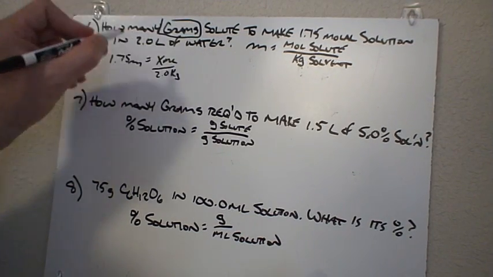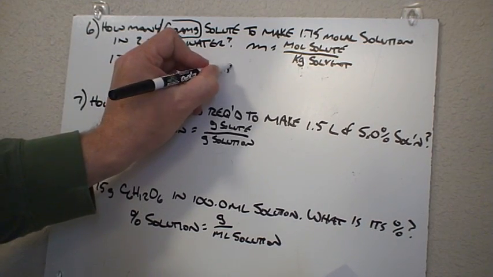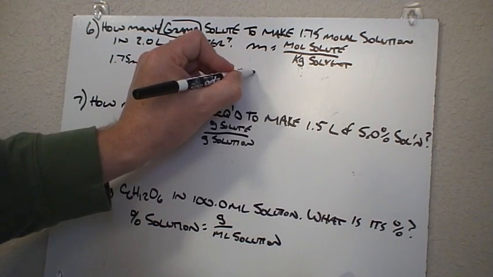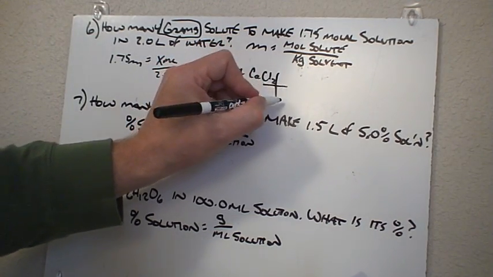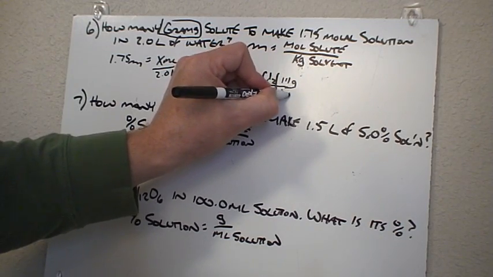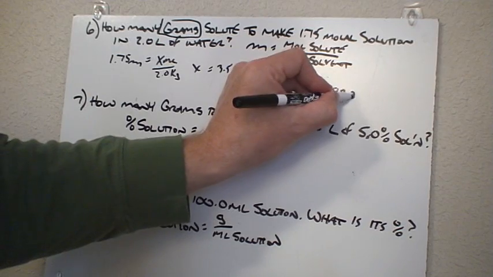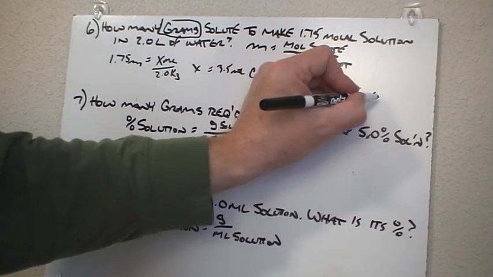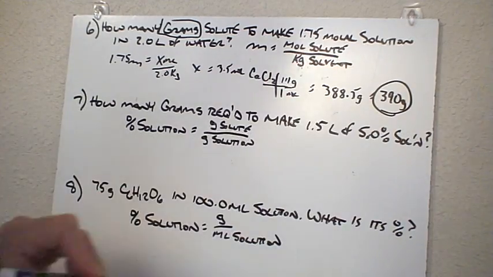This problem is asking for grams. X ends up being 3.5 moles of calcium chloride, and we've already done this formula mass, so that's kind of nice. 1 mole is 111 grams, and so I end up with an answer of 388.5 grams. And if I go to 2 significant digits, I get 390 grams.